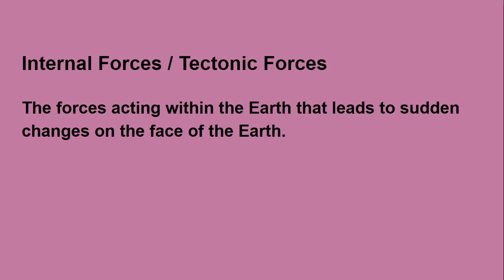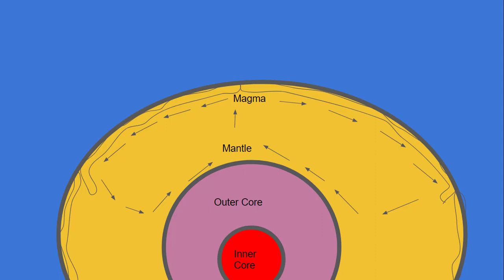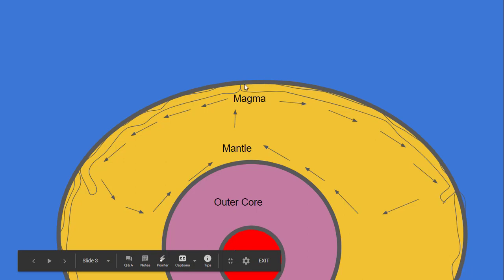Here we will focus on this particular slide, which shows how the interior of the earth looks, like a cross section. You can see the inner core, around that the outer core, and around that the mantle. The top one is the crust.